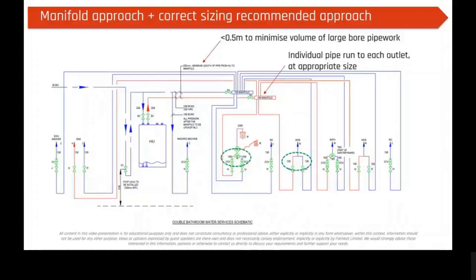So we've got our heat interface unit here. We come with a common copper pipe to a hot water manifold. We want to keep that common pipe less than half a meter because we don't want that large pipe run to be very long. And then we're running individually. To the bath, we're running a 16 mil medium layer composite pipe here, but to the wash hand basin, we're running that in 12 mil.